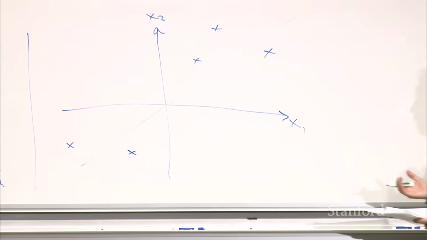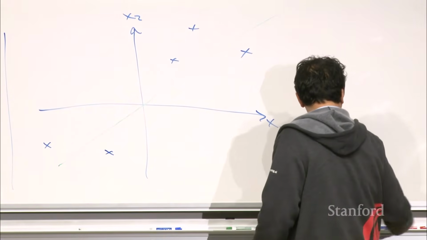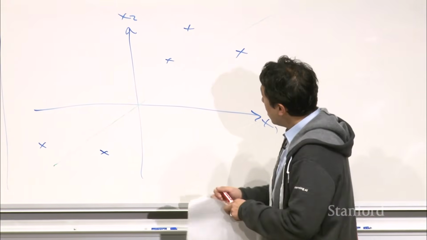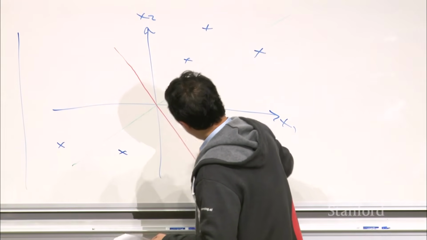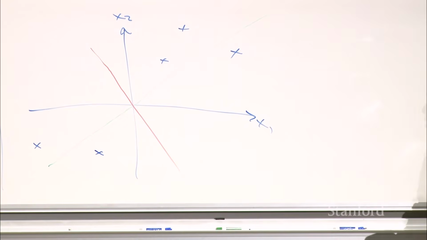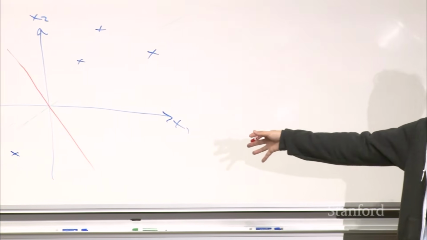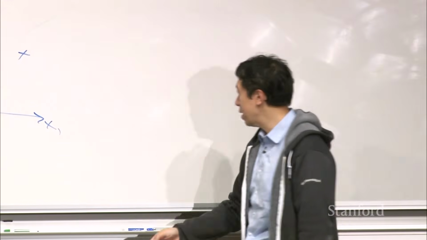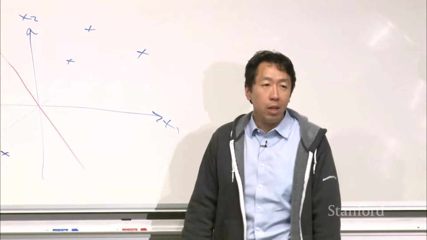In contrast, it looks like this red line is a really bad dimension onto which to project the data. The red line is almost the worst possible choice for the principal axis of variation. So what is the difference between the red line and the green line?